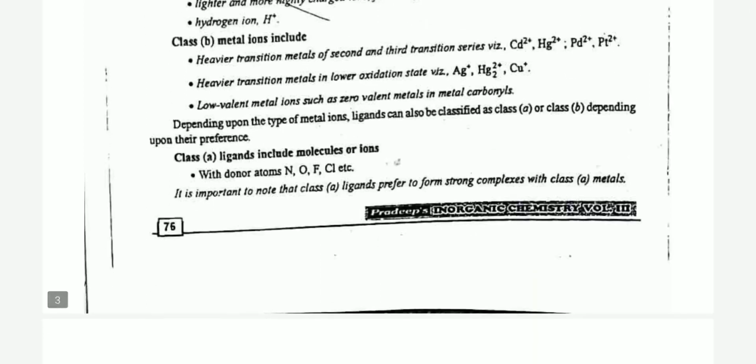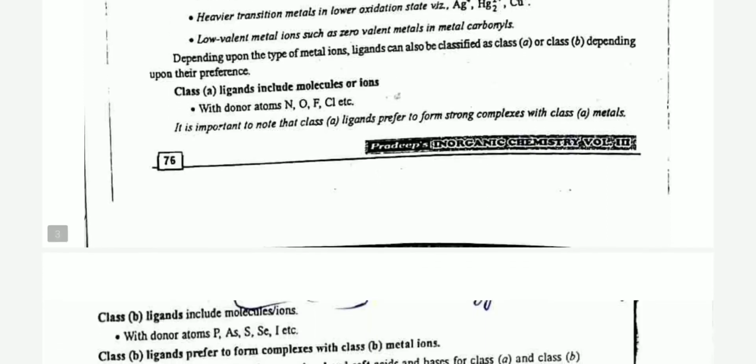Depending upon the type of ions, ligands can also be classified as class A or class B depending upon their preference. Class A ligands include molecules or ions with donor atoms nitrogen, oxygen, fluorine, chlorine, etc. It is important to note that class A ligands prefer to form strong complexes with class A metals.